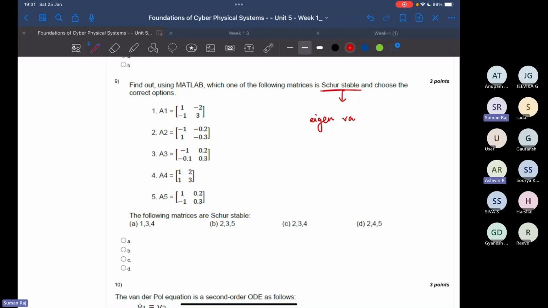So first of all, you have to check if it is a square matrix, which I think all of the matrices here are. You have to check if they have real entries, which again is satisfied. And the third criterion that you said just now: the absolute value of the eigenvalues is very important. That should be less than 1.